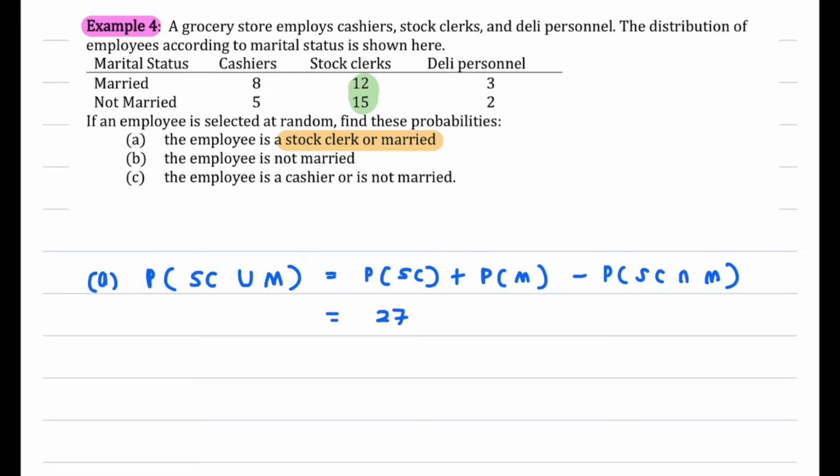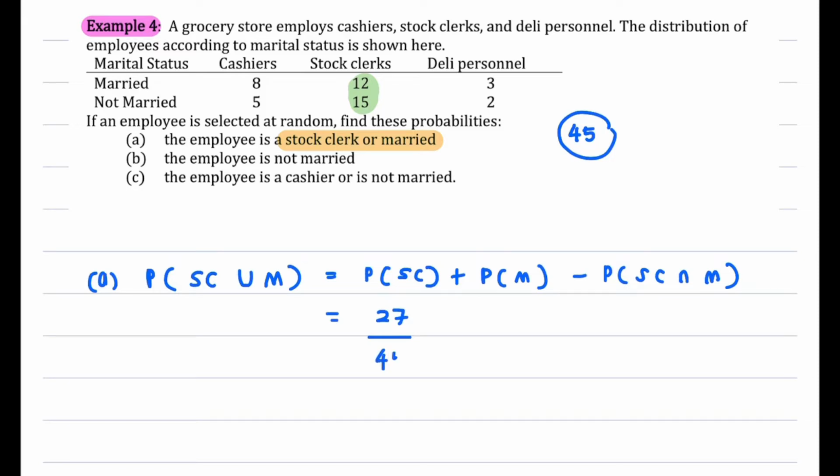total stock clerks. And then remember how to find probability: number of the event divided by number of the sample space or total number of people. How many total people do you have? If you add on everything, 8 plus 5 plus 12 plus 15 plus 3 plus 2, total you have 45 employees.